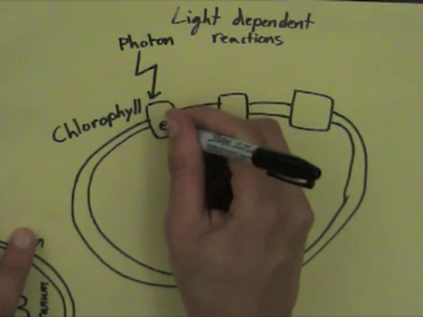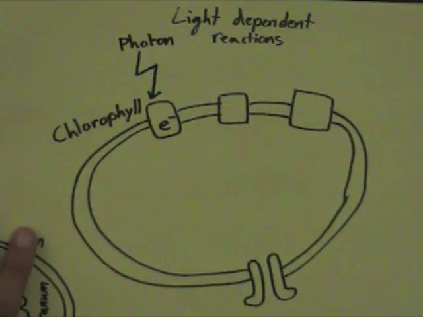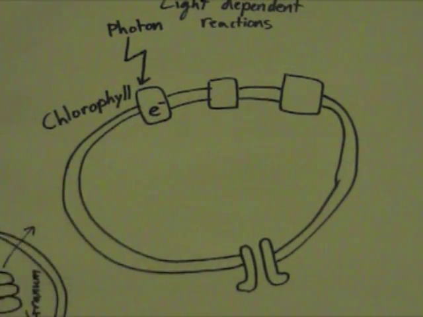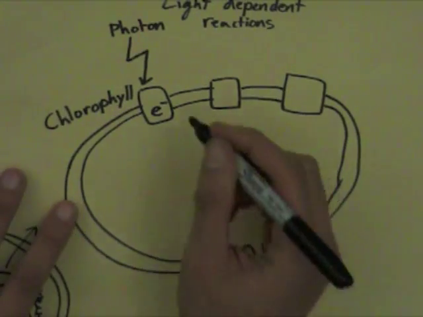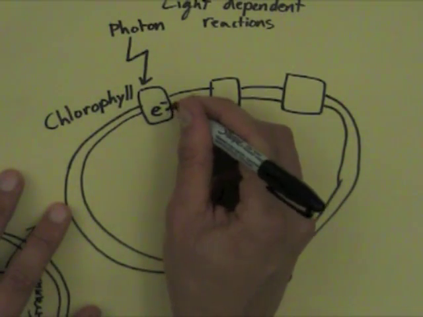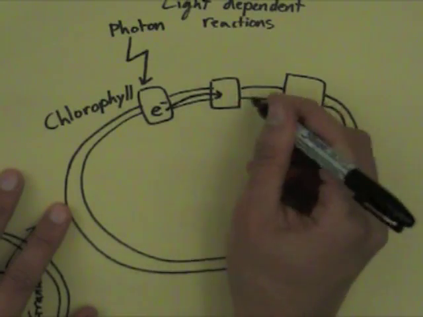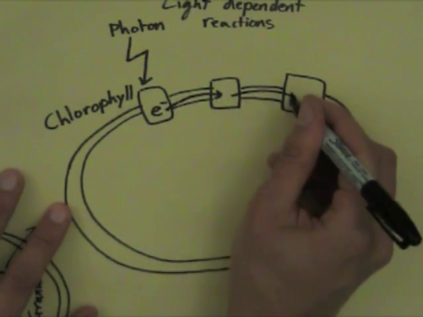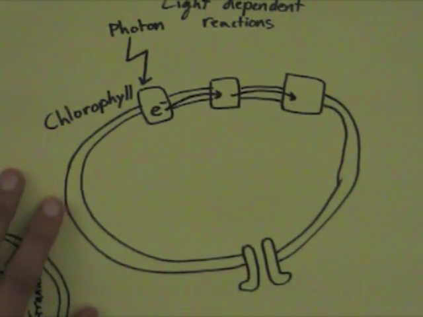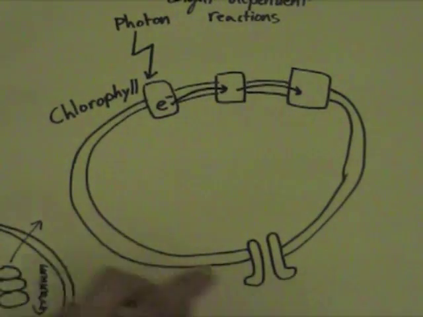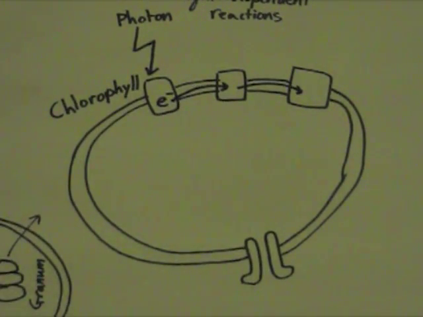This causes them to excite electrons that are present in the complex. Those electrons get excited, and as a result of this, are passed down a chain of proteins in the membrane. They bounce along, and as they do so, they lose energy.